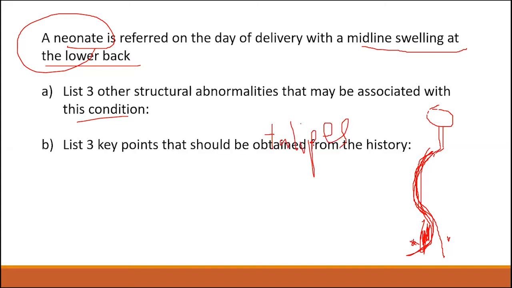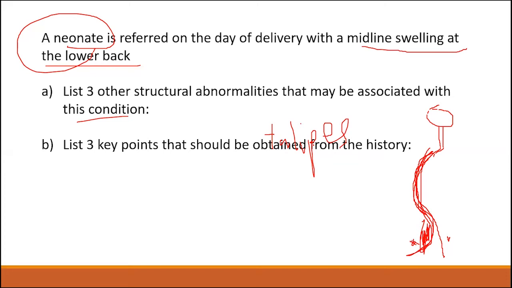List 3 key points that should be obtained from the history. When we're talking about this, we're talking about something that you are born with. So you want to find out if there are siblings that are also affected with a similar condition. So, affected siblings.